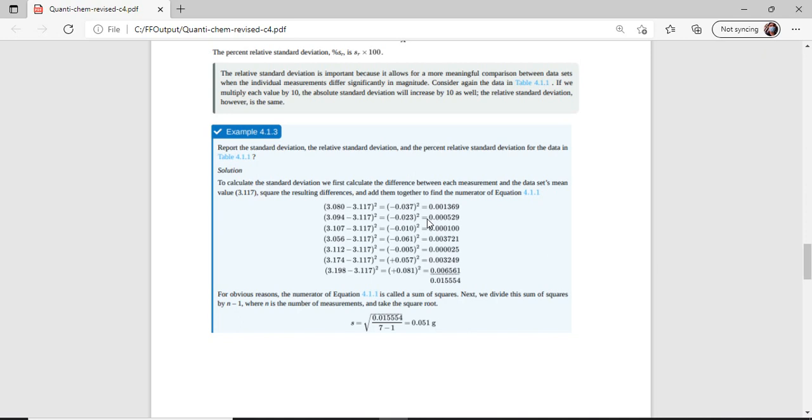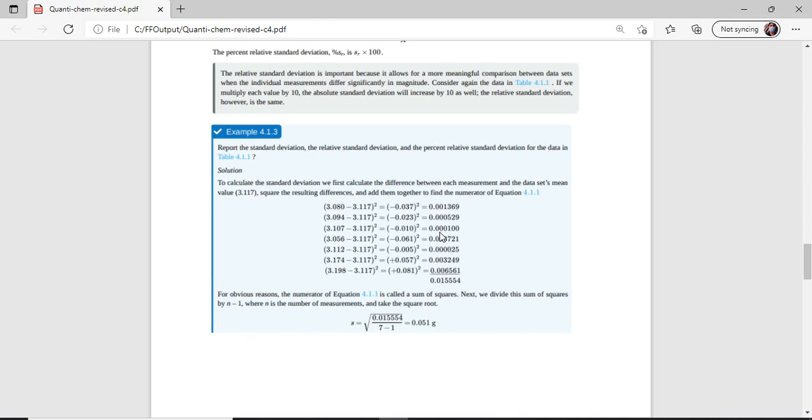Multiply it by itself, you will have 0.000529. And the third penny, 3.107 minus 3.117, will have a value of 0.010 squared. Multiply it by itself, the answer is 0.0001.